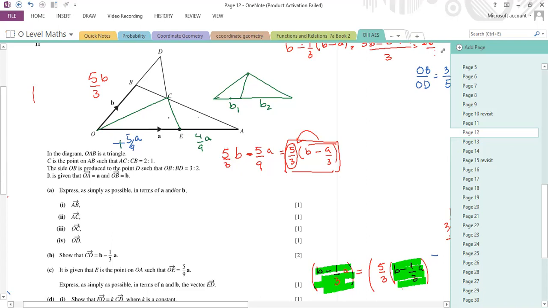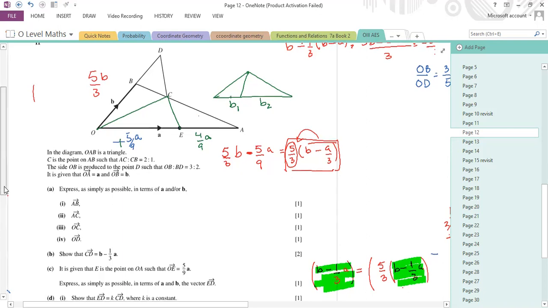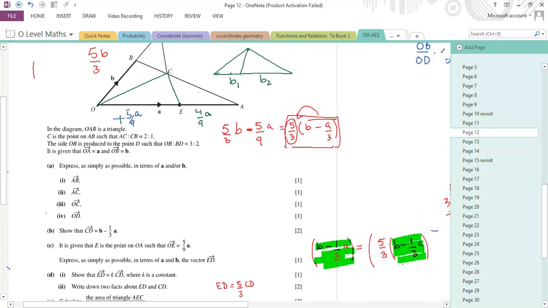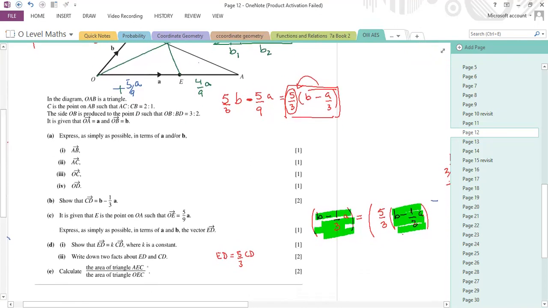So these are the two bases of OCE and ACE. So which is going to be the numerator? AEC is going to be the numerator. So 4 upon 9A is being divided by 5 upon 9 of A.